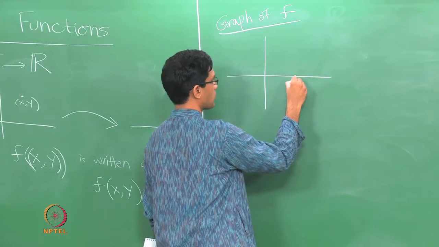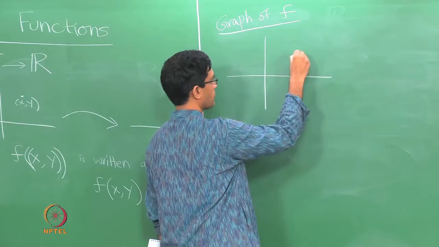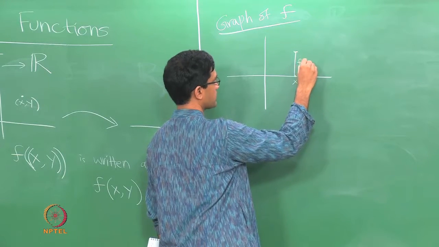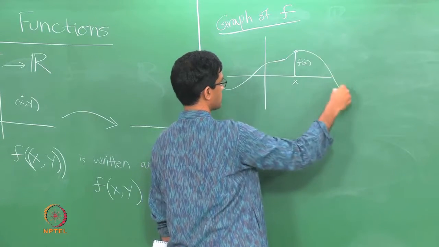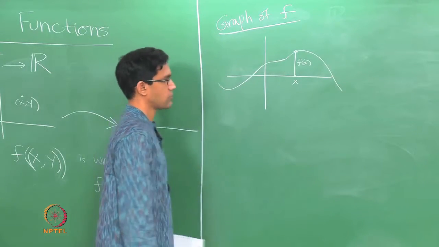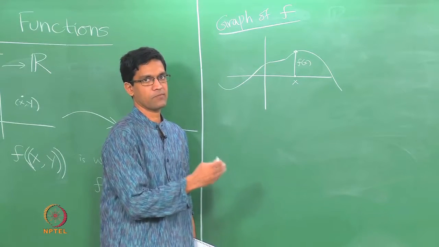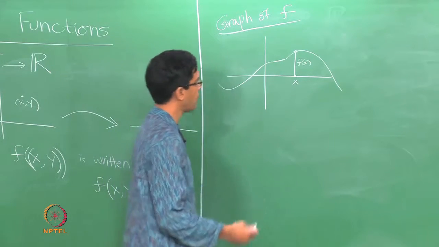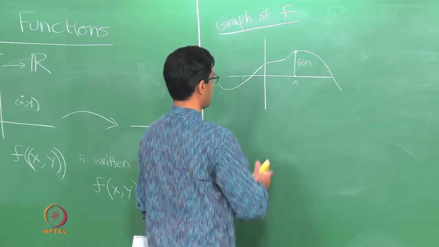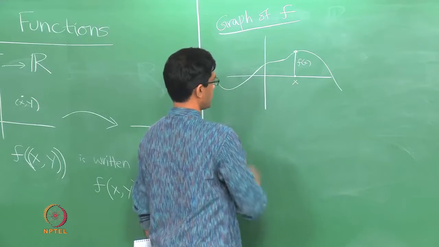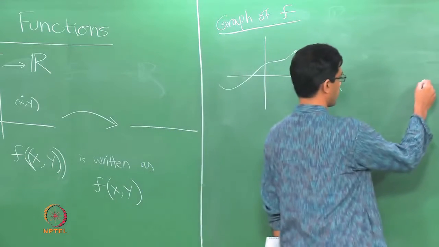For each point of the domain x, you mark off on the vertical side the value of the function at that point, and then you join all of these. So this was the procedure for obtaining a graph if the function was from R to R. Now, if you want to do something from R2 to R, it is more or less the same idea. Instead of this, the domain is now a plane.